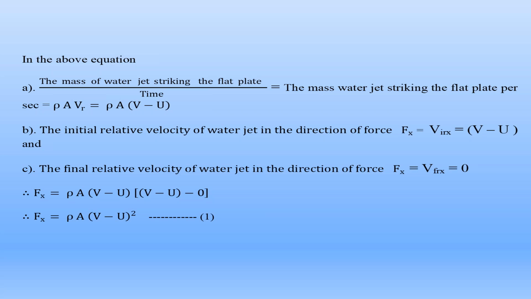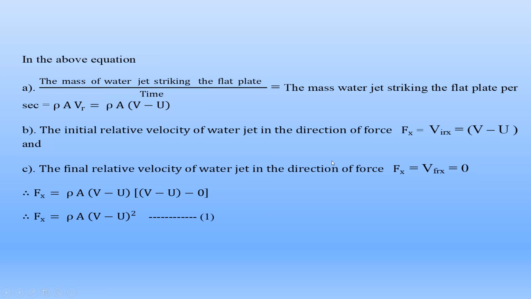So the mass of water jet striking the moving plate per second is rho A into V minus U. Then the initial relative velocity of water jet in the direction of force Fx, in the x-axis direction, is V minus U. Then the final relative velocity in the direction of force Fx is 0, because the final relative velocity is acting along the y-axis.